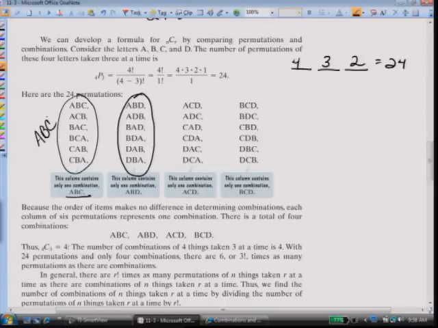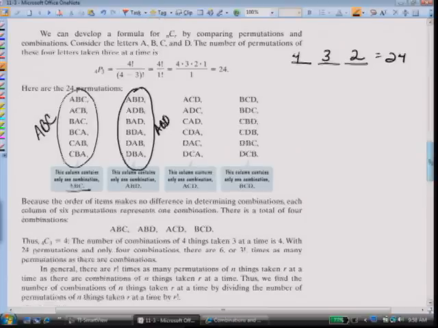The fact that I can put you in different spots doesn't matter. You're just one group. The order doesn't matter. So ABC is the combination, and there are 6 permutations of ABC. And so ABD is one combination, but you can permute it 6 different ways. So there's only 4 different combinations if you don't care about the order. Okay. There's no other way for you to come up with it. Okay, and it is just a definition.